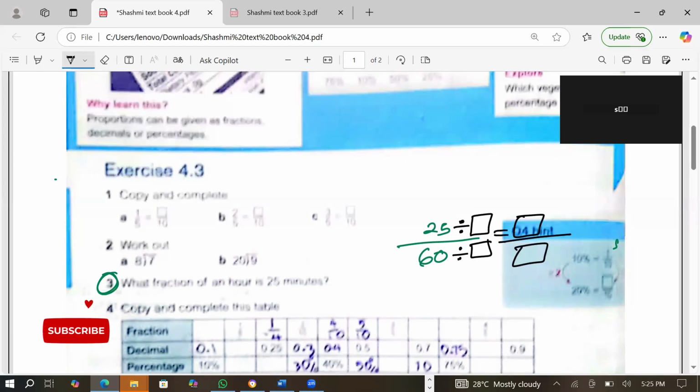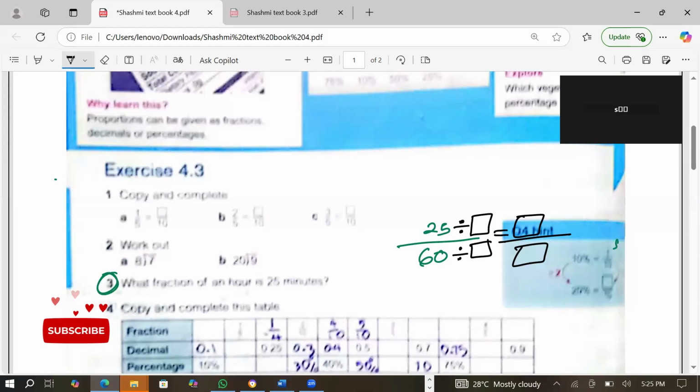1 over 25. How did you get 1 over 25? Divide by 25. 60 is divided by 25. What is the answer? 24. Is it divisible as an exact number?